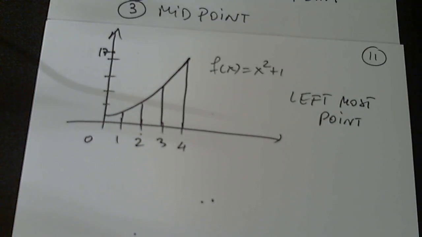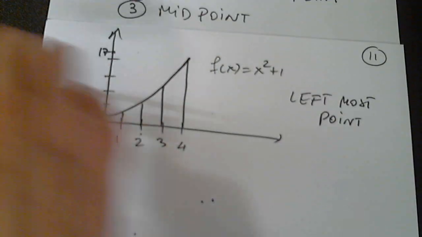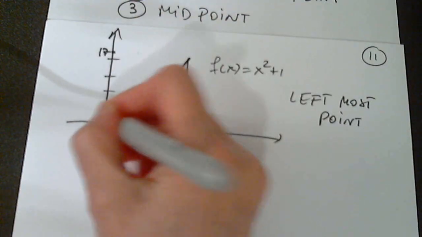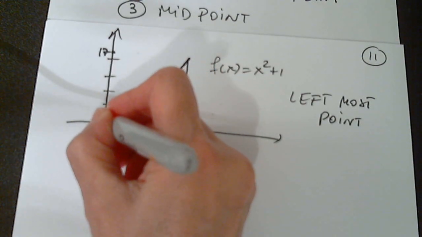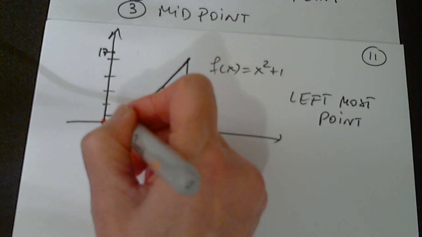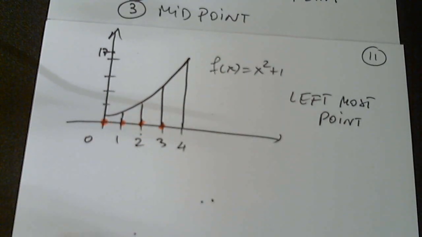Now, what does the leftmost point say? The leftmost point means for the first subinterval, use this as the reference. For the next subinterval, use this, the leftmost point. And for this one, this, and for this one, this.